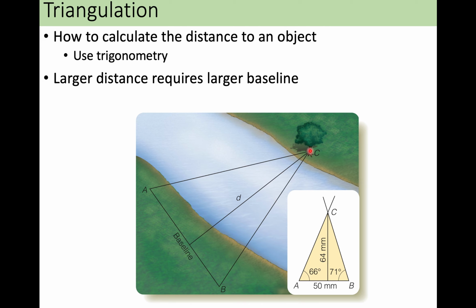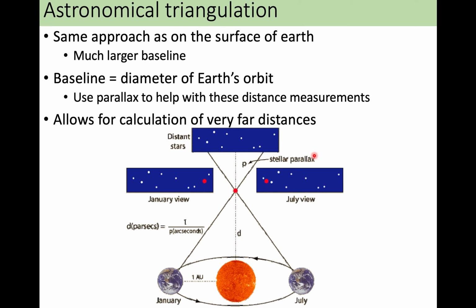The larger you go, so the larger the distance that you're trying to measure, the larger the baseline will need to be in order to do this calculation. So if we were going to scale this up from instead of looking across a river to a tree, to across the solar system, out of our solar system to another star, we would need a very, very, very large baseline.